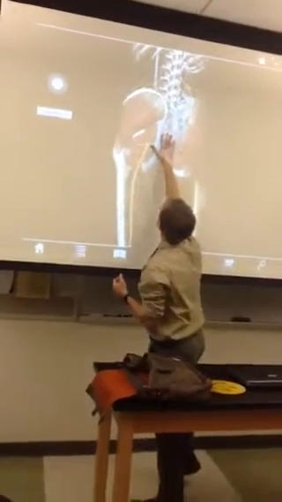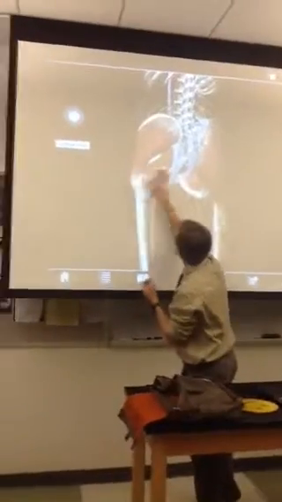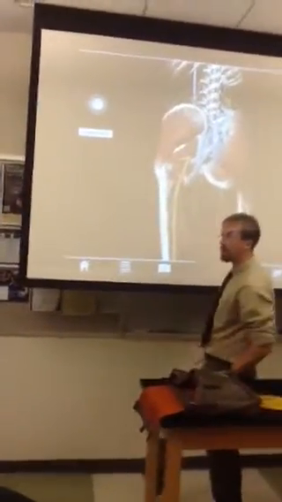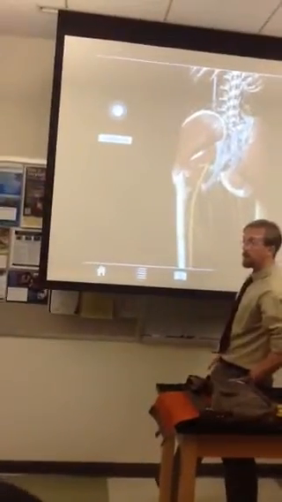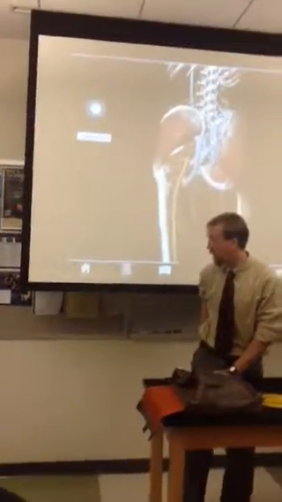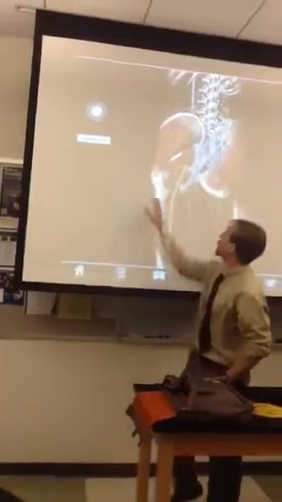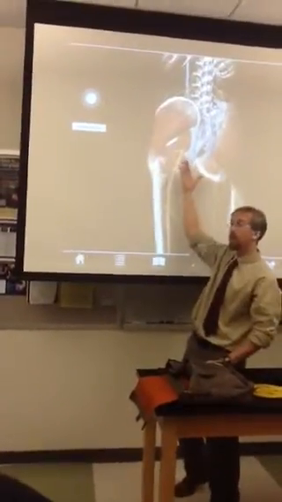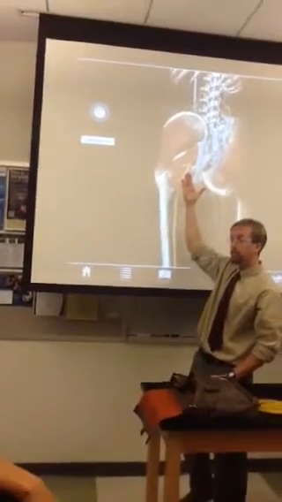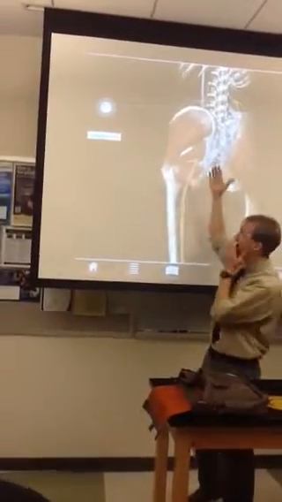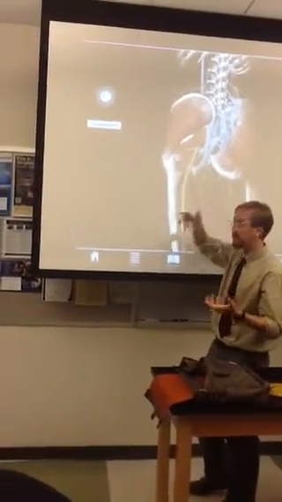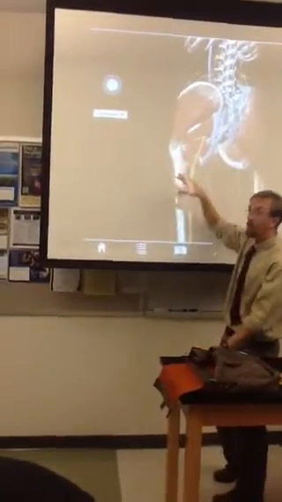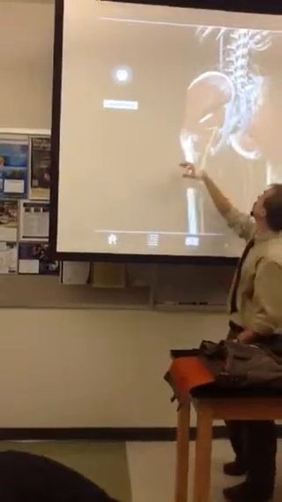So you can see how these come in from the backside attached, and if they pull on that greater trochanter right there, they're pulling it this way, which externally rotates that leg. So they're going from the back and across, and if they fire, they're pulling this back towards it, which externally rotates that leg. Got it? We'll do some manual muscle testing in just a minute so you guys can actually feel whether it's firing. But again, these things are deep, they're not really palpable, and that makes it difficult to deal with.